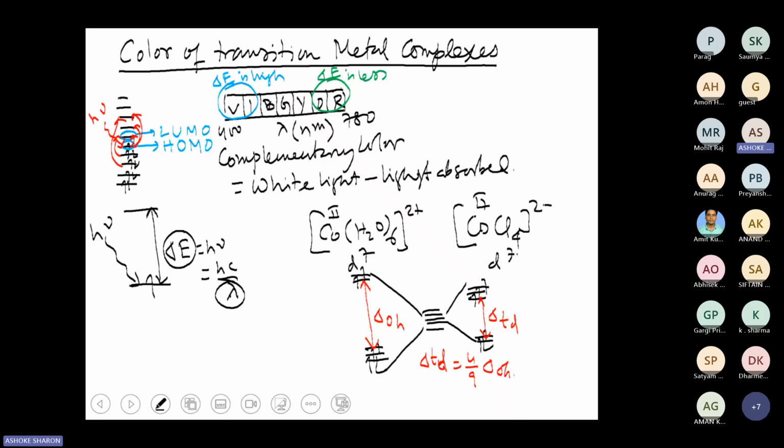Now [Co(H2O)6]2+ is pink in color, and [CoCl4]2- is blue.